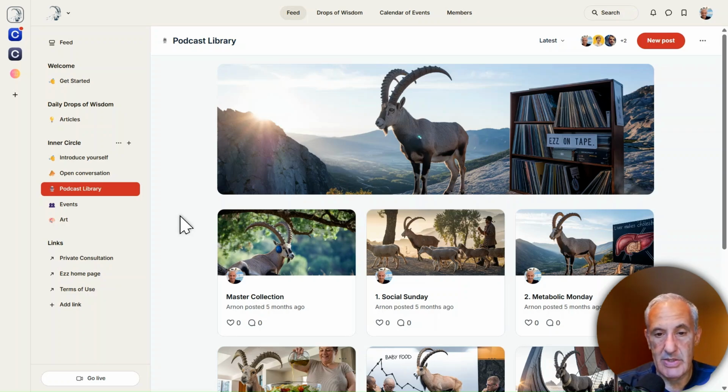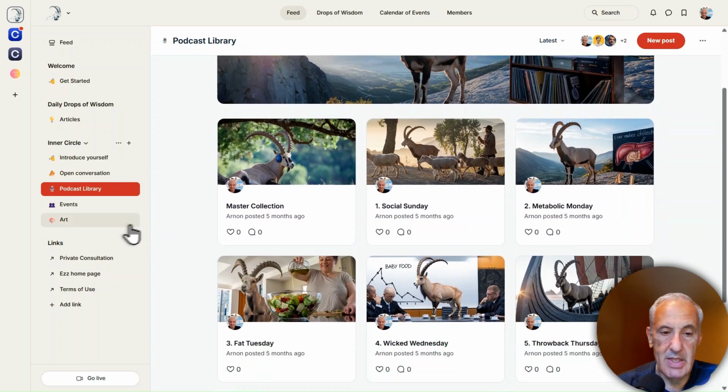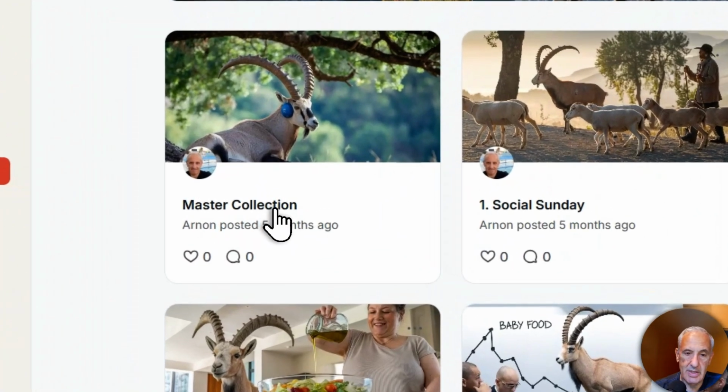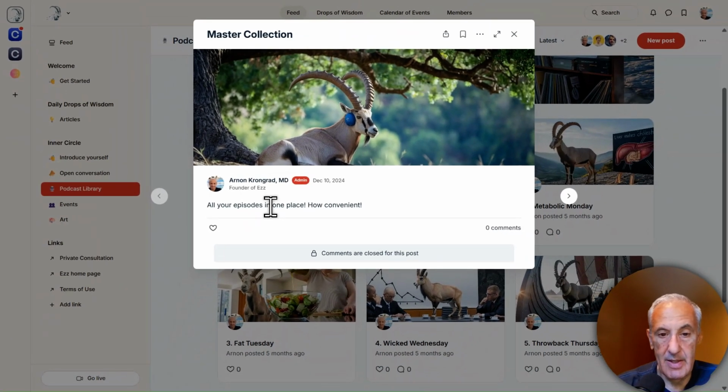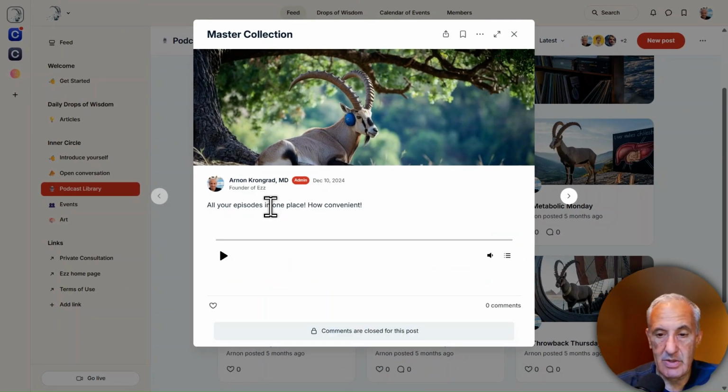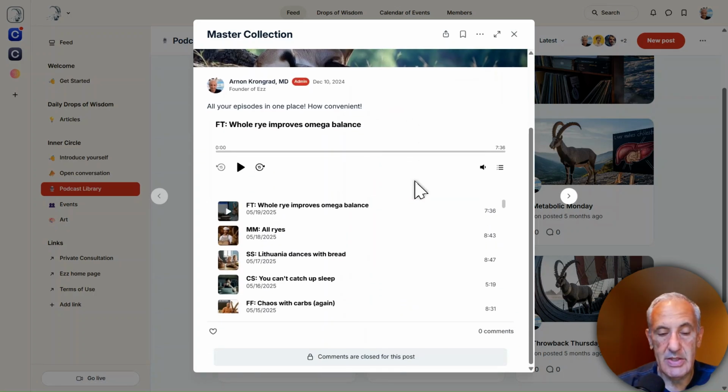Now, this library is not available to the general public. It is available only to the inner circle membership. And what it does, in contrast to what you saw in the Daily Drops of Wisdom, where it's embedded there, is allow you to listen to them one after the other. So they queue up and scroll one into the next without requiring you to bounce between the different articles.